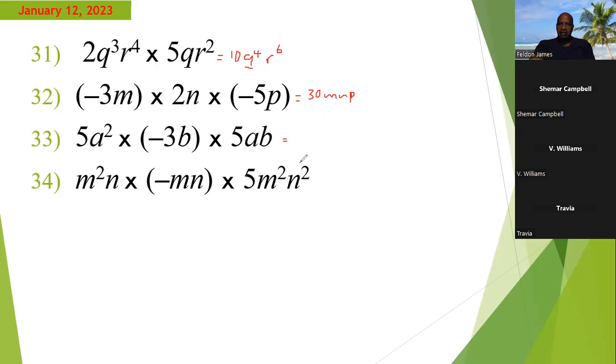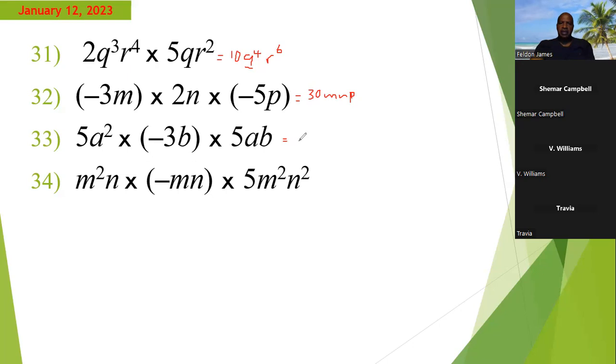Miss Fabia, try question 33 for us. Yes, sir. Question 33. I have 5 times 15, 45. I have 45 a cubed b squared. Positive or negative? Hold on. Positive, sir. No, sir, negative. Sorry. Because we only have one negative here.